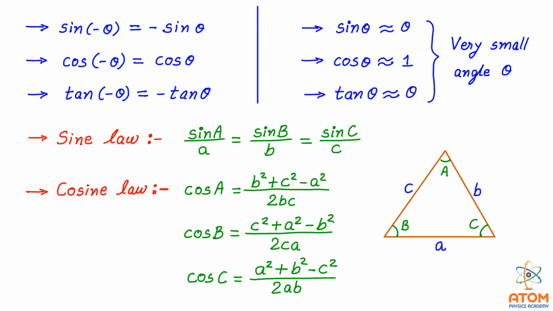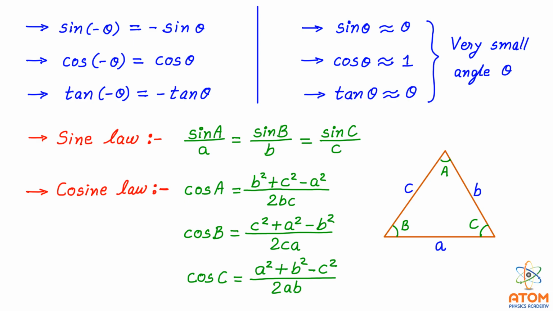First, sine law. Sine A upon a is equal to sine B upon b is equal to sine C upon c. That means the ratio of sine of an angle and the opposite side of that angle is the same for all three angles.